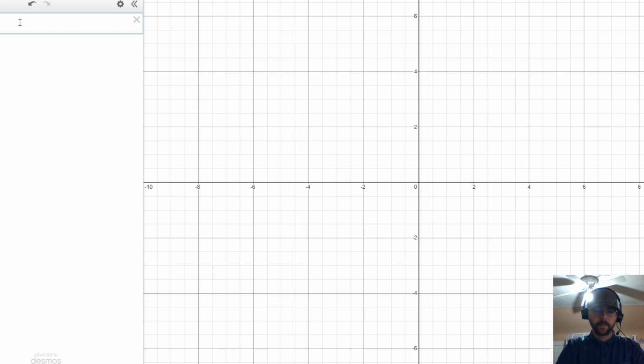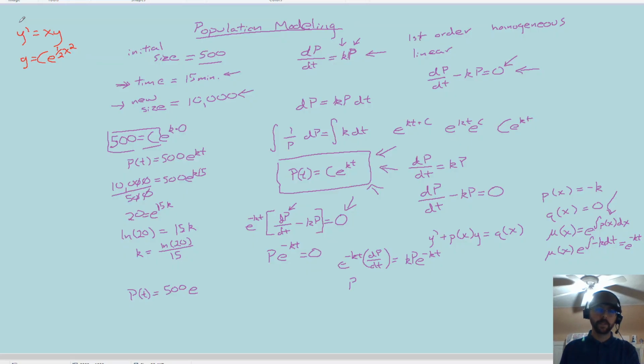Free plug for them; hope they don't mind I'm using this in my video. The natural log of 20 divided by 15, oh, it's a very small number. I was expecting a big number. We're going to round that to 0.2, so it's really close to 0.2. I don't feel like writing a whole bunch of decimal points, so 0.2 times t.